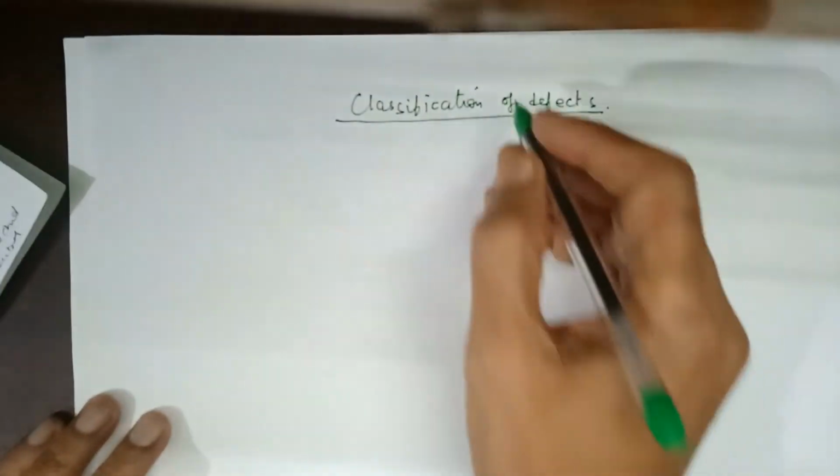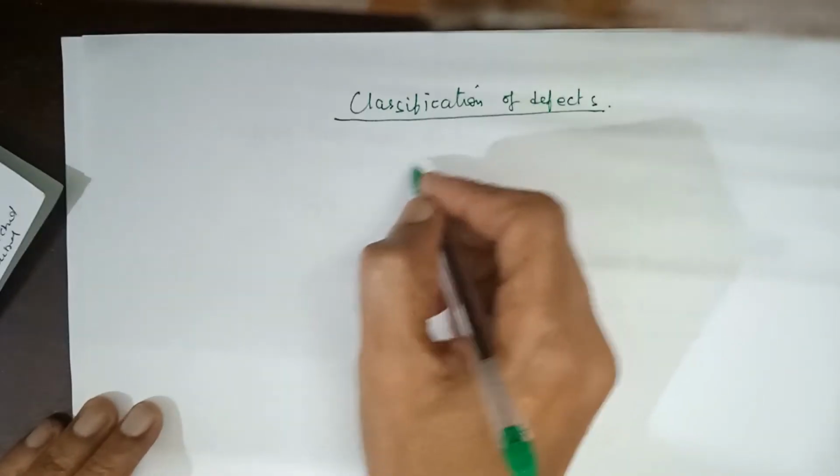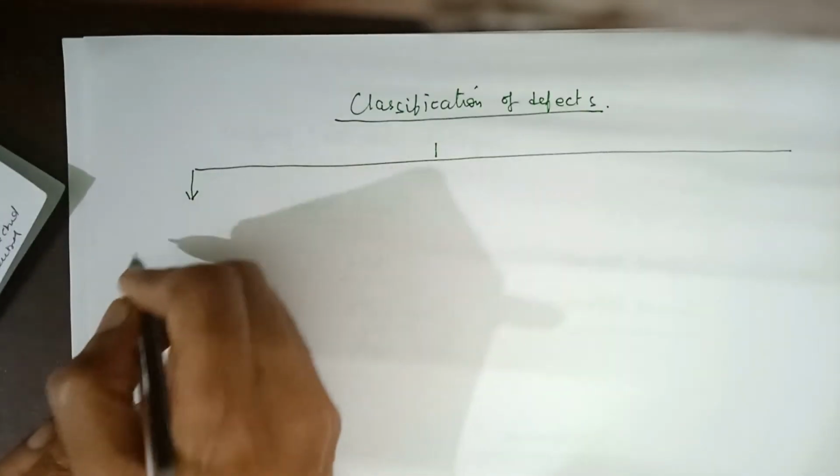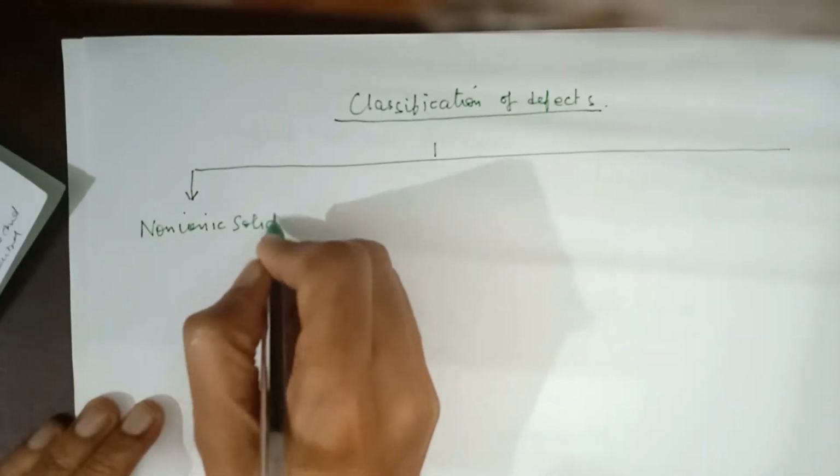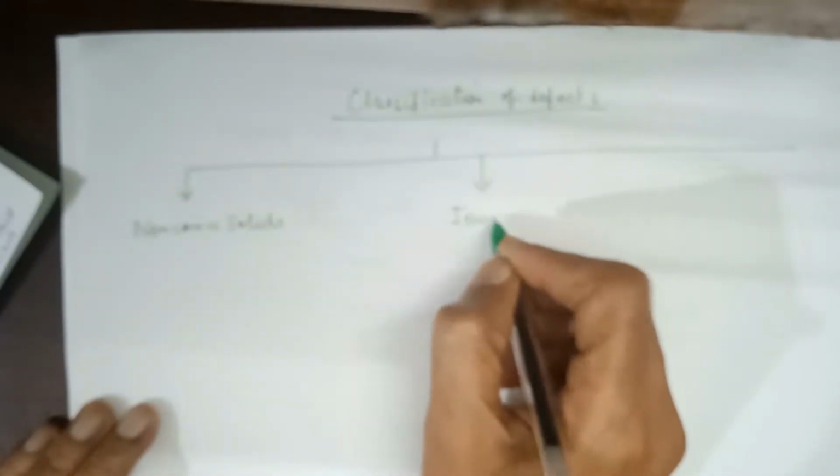See, there is a classification of defects. One is for non-ionic solids. Second is for ionic solids.